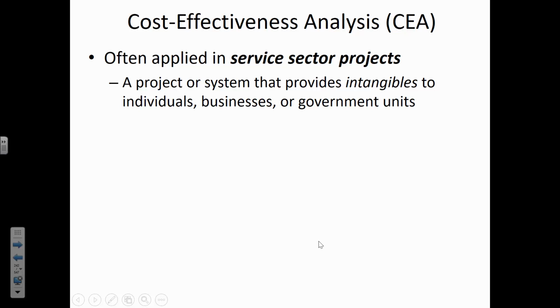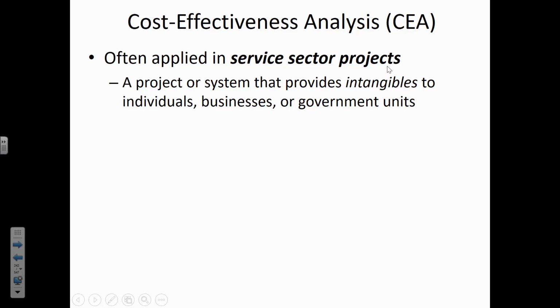And so last time when we talked about benefit cost analysis, the in-class exercise you did had to do with the construction of a reservoir that provided flood control benefits and fire protection benefits and recreation benefits. And so B2C analysis is most of the time used on physical things, whereas cost effectiveness analysis is used for intangibles.